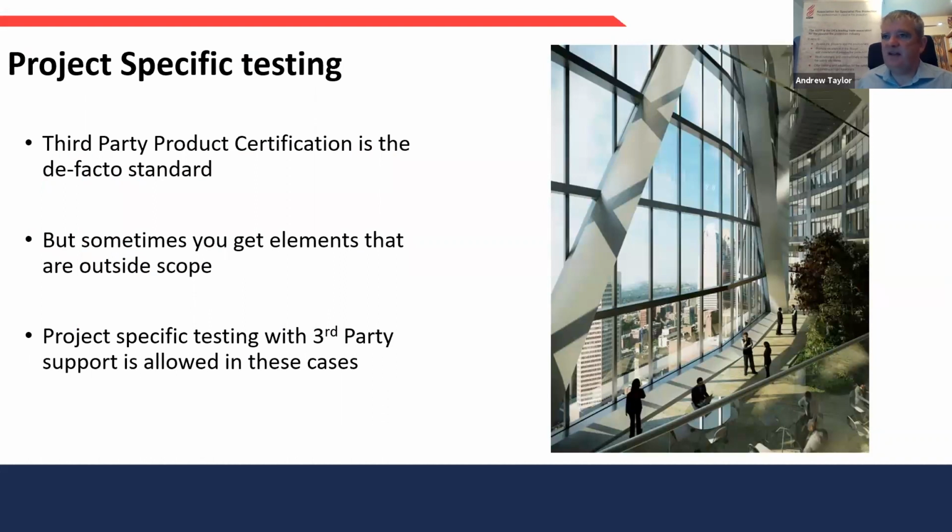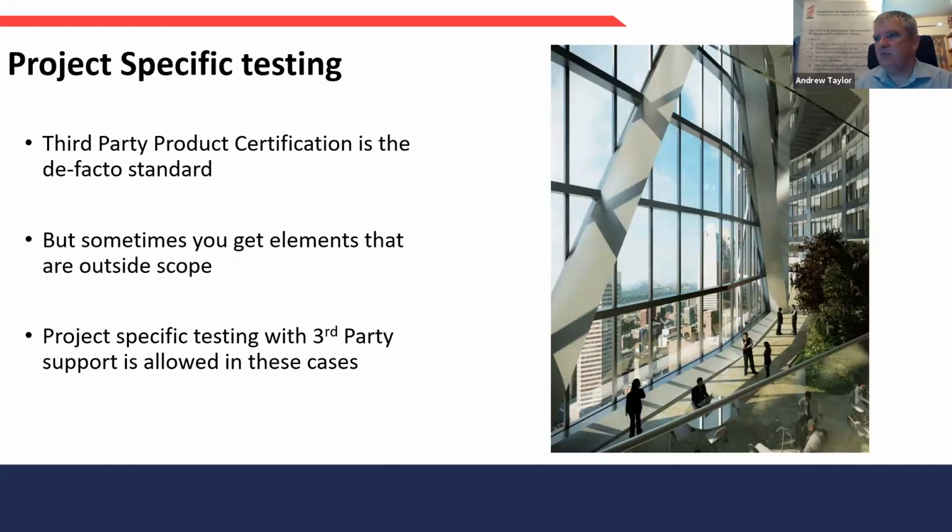Now, third-party product certification is the de facto standard going forwards. But sometimes you do get elements that are outside the scope of testing, and this is one that I've shown before. It's a really nice example because those main cross beams are triangular shaped concrete-filled sections that were nothing like anything that had gone before.